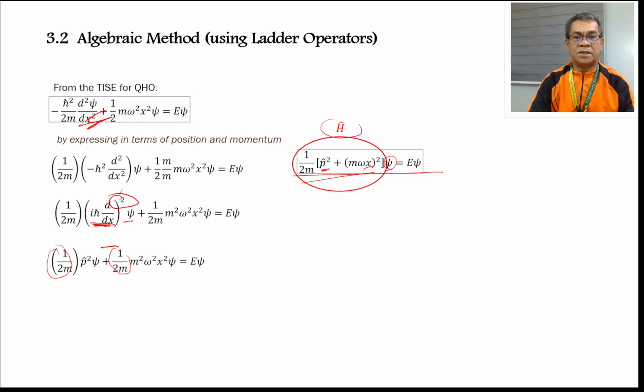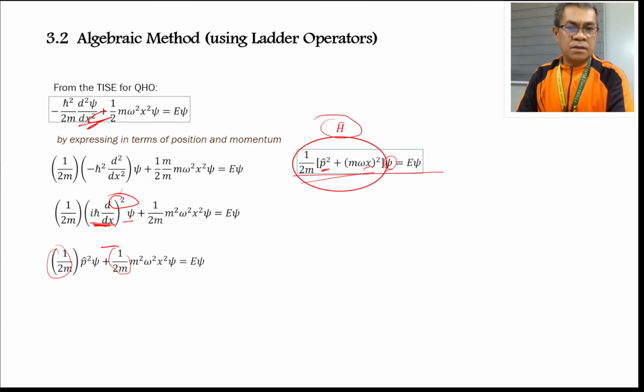So, meaning we can call this the Hamiltonian operator. The Hamiltonian operator now is 1 over 2m times p squared, the momentum operator squared, plus m omega x, all of them raised to 2.